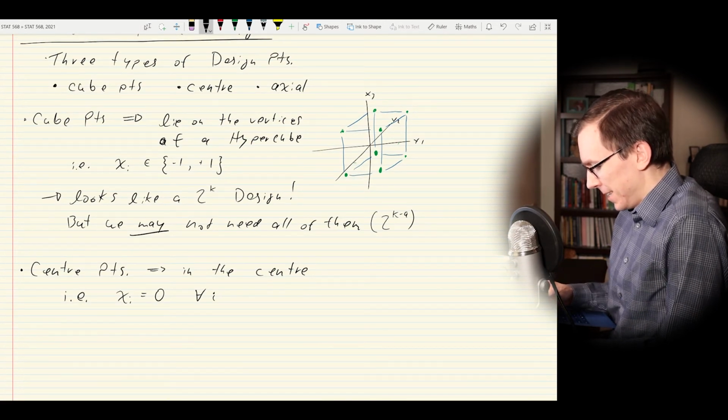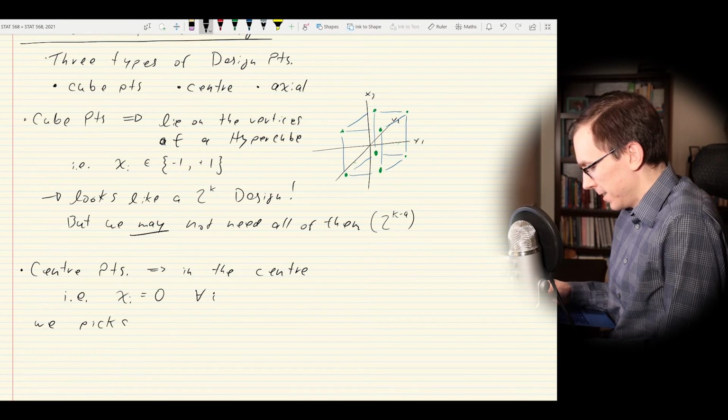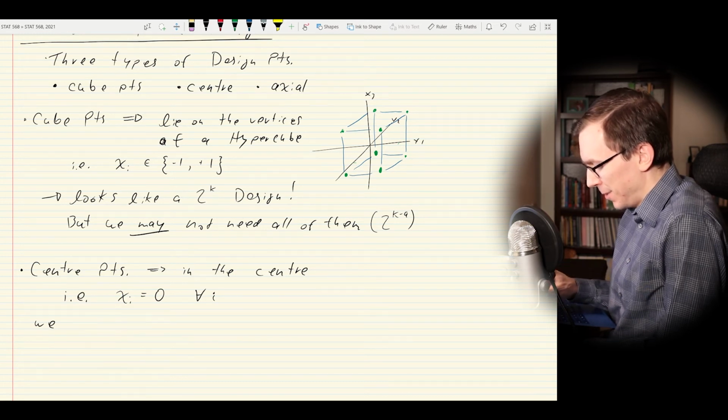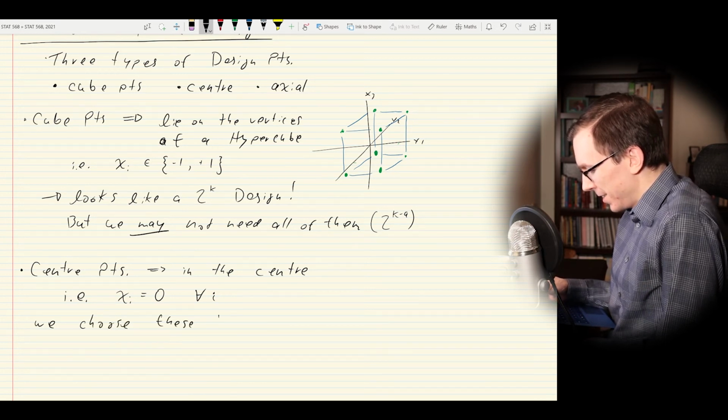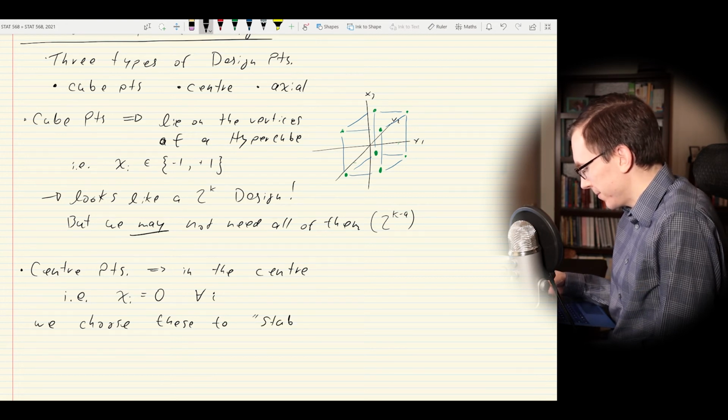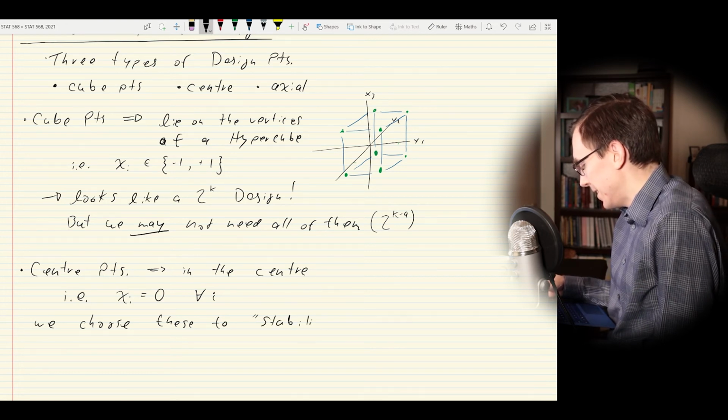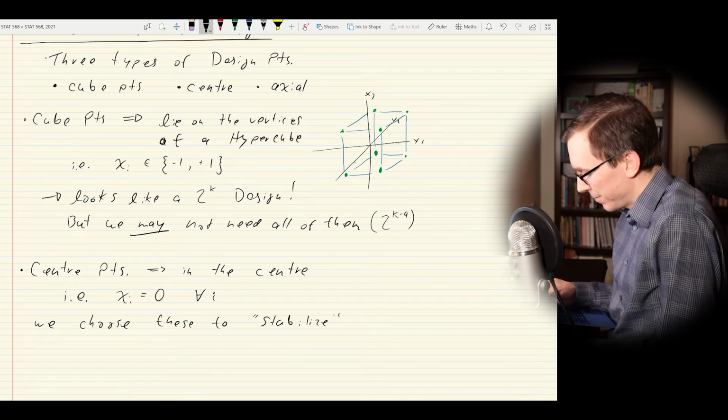We choose these to stabilize the variance.